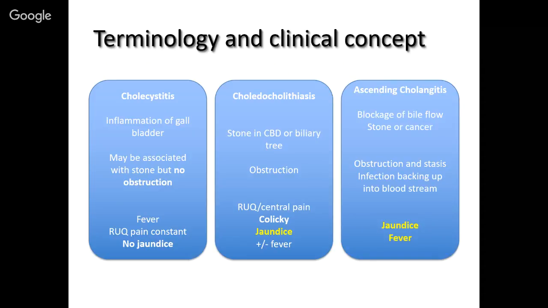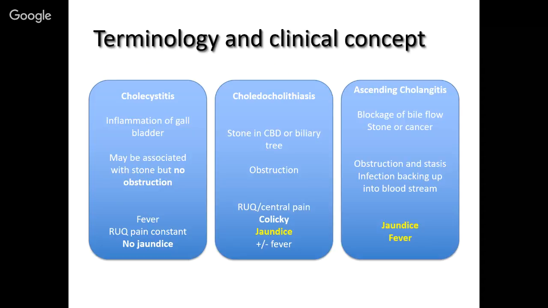Now, ascending cholangitis is when the blockage of the bile flow has been happening for a long time. In that case, you get the actual buildup of bacteria, which are often gram-negative bacteria, and those bacteria can build up in the biliary system and backflow into the blood. That's very serious, so people get very sick.